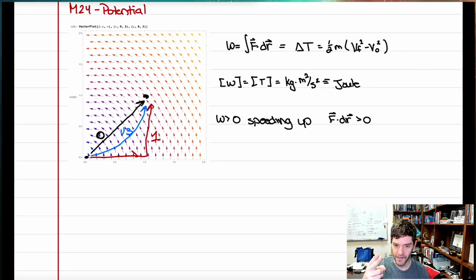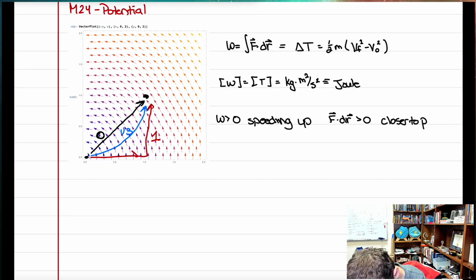And that occurs when the two vectors are closer to being parallel to one another, or might be exactly parallel to one another. In that case, the dot product is positive, and that contributes positively to the amount of work you're doing.